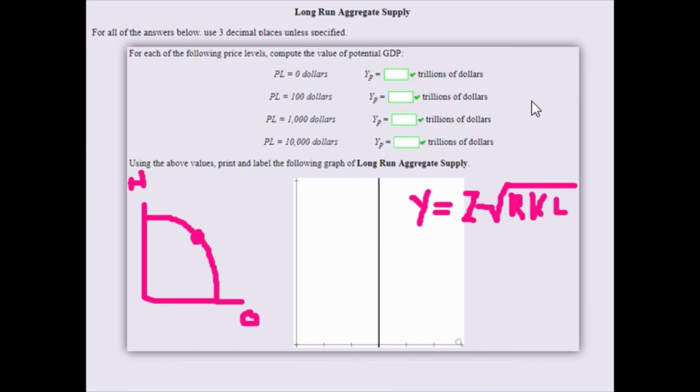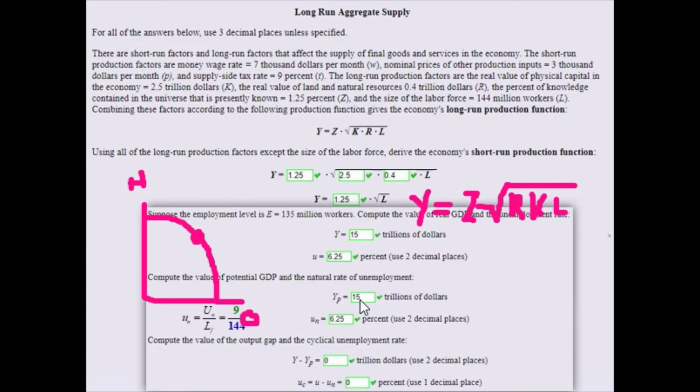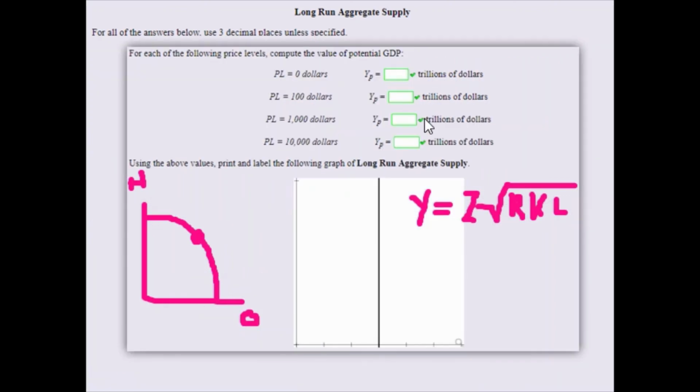Okay, so potential GDP was what? Potential GDP was $15 trillion. So all you do is you put that value into each one of these boxes. And so at this level at $15 trillion, with the price level at $0, we're here.